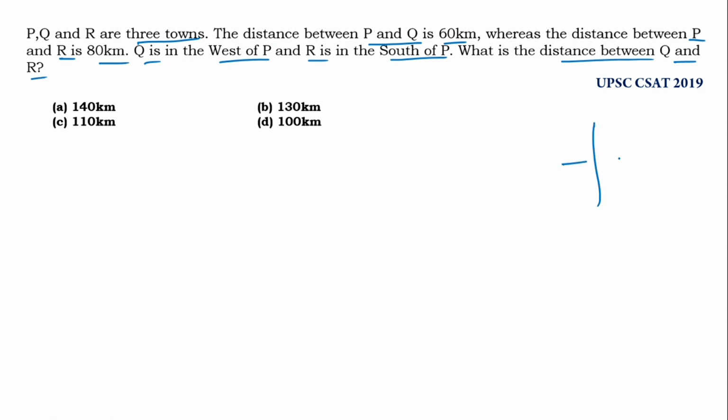Again, draw the direction north, east, west and south. So Q is in the west of P. R is in the south of P. What is the distance between Q and R?